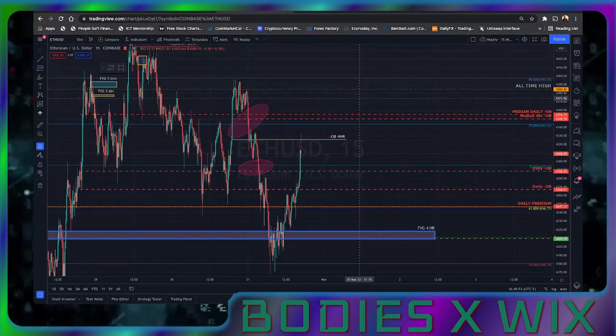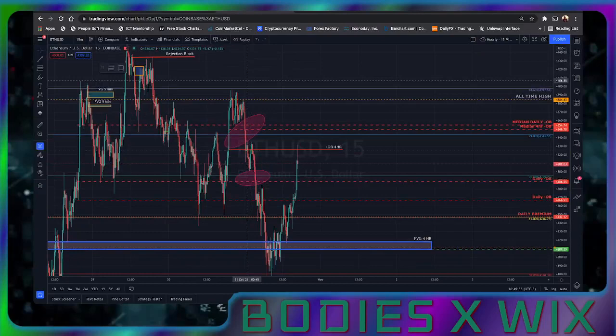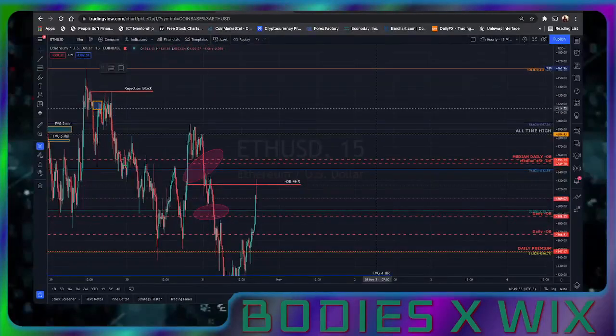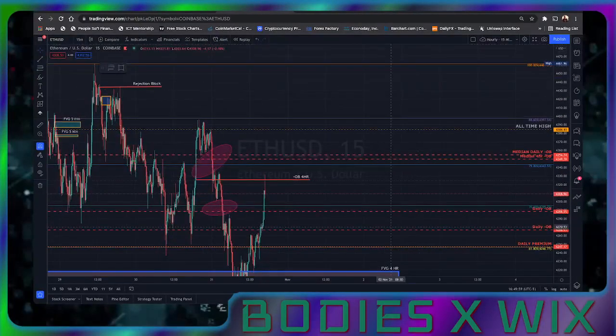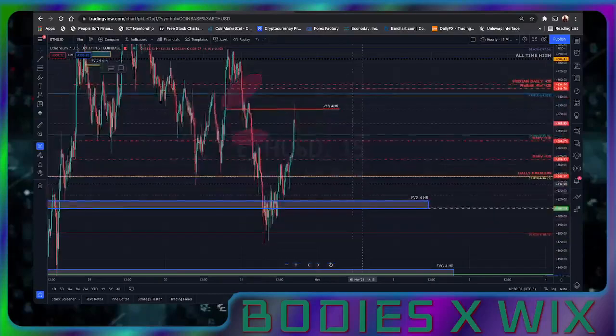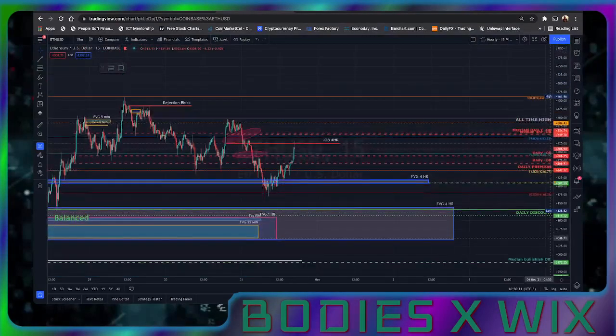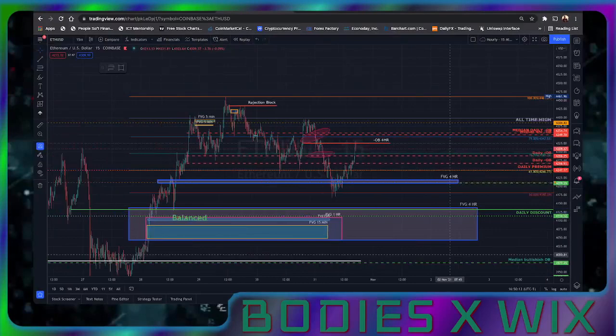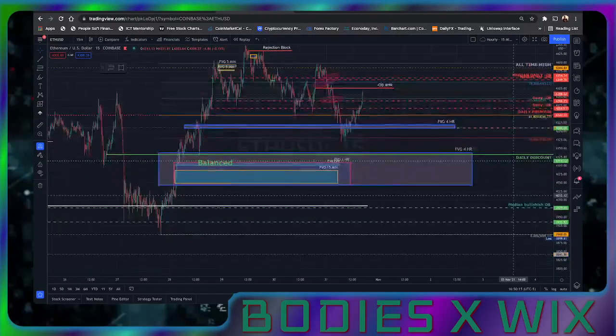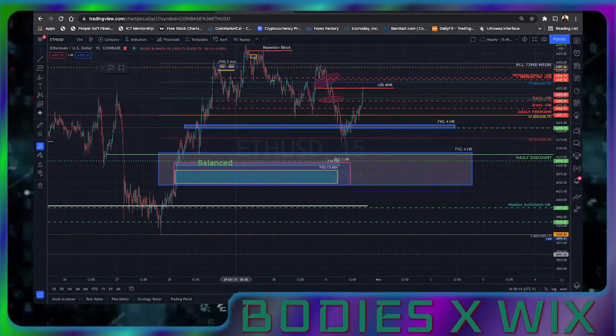So what this thing did is it came all the way down, right? It got to about the 50%, about halfway through that one big wave, right? So from here to here, this huge wave we put a fib on.